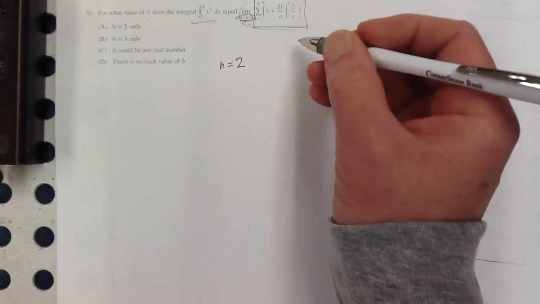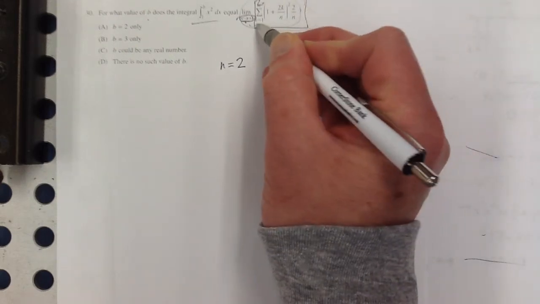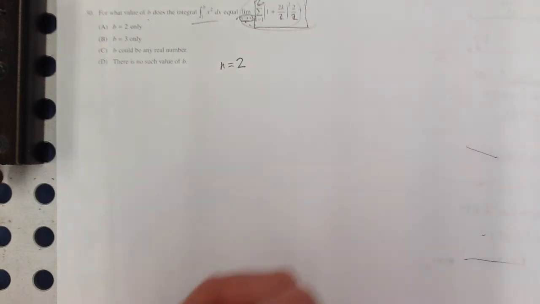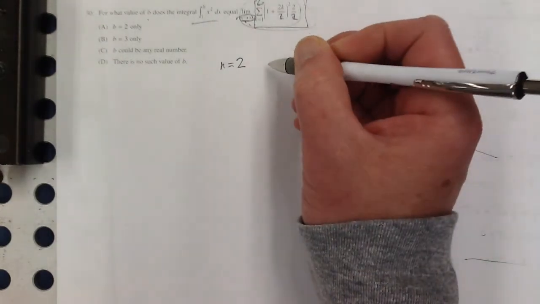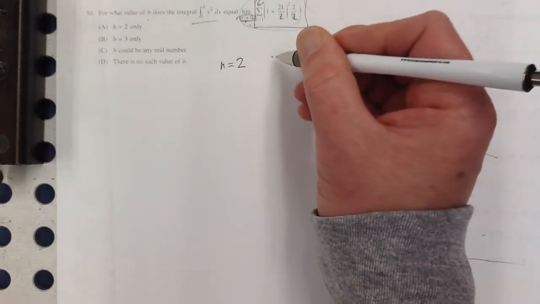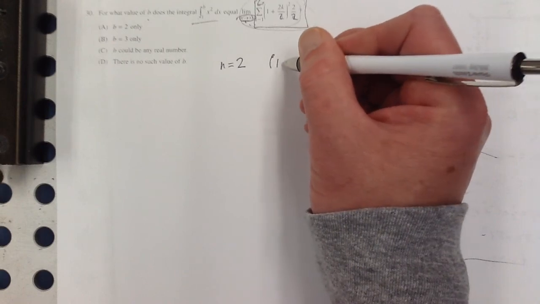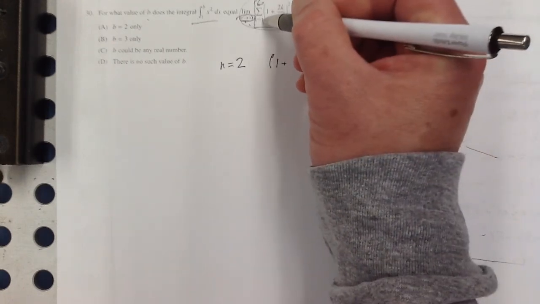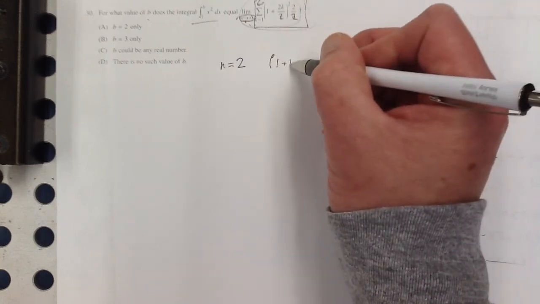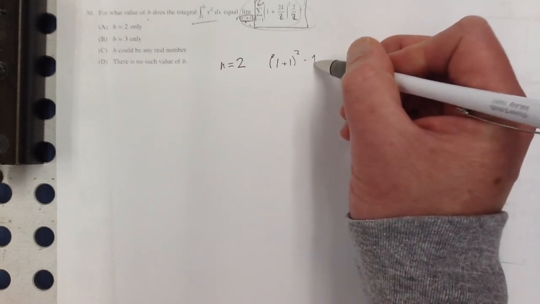If n is 2, then I'm doing from k equals 1. I'm just going to make all of those n's equal to 2. So I'm going to have two rectangles here. The first one is going to be 1 plus k, going from 1 to 2. So this is where k equals 1. So that would be 1 plus 1 squared times 1.